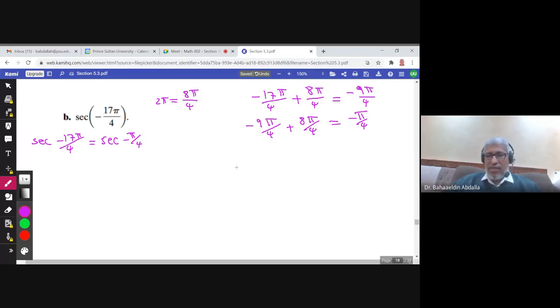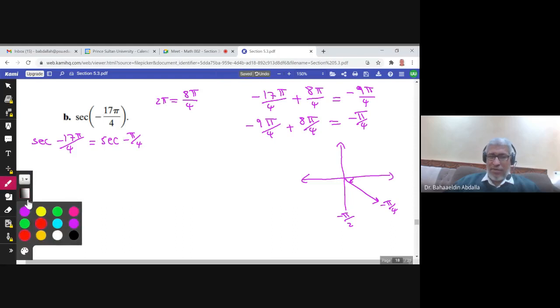So to find secant negative pi over 4 now, I need to graph this angle in standard position. This is a negative angle, so I will go in this direction, and immediately I will reach negative pi over 4 because this is negative pi over 2 if you go in the negative direction.